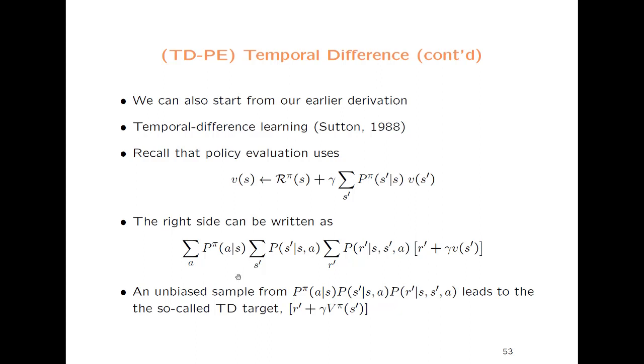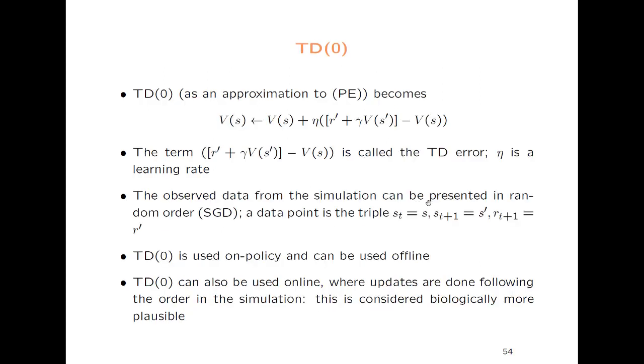An unbiased sample is this one on the right, r prime plus gamma V pi of s prime. Now we are using the approximation from the data, and this gives us TD0, which is a form of policy evaluation, and we discussed this equation before. The bracket here is called the TD error, and eta is a learning rate.